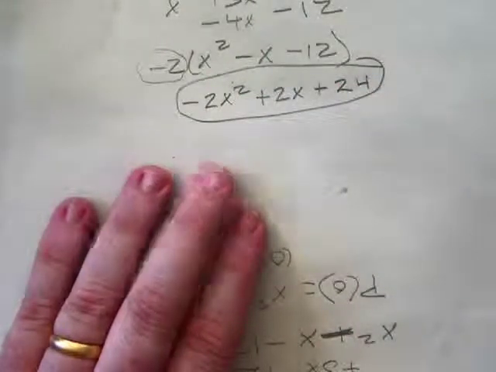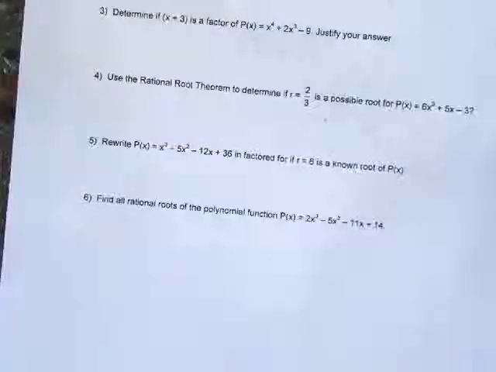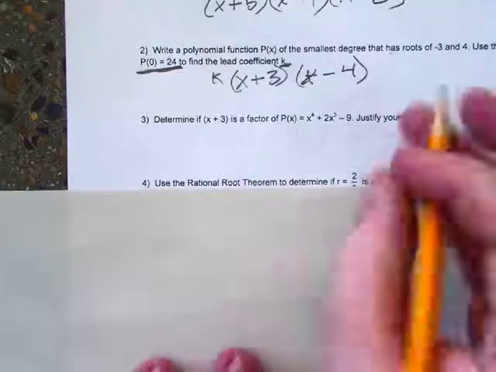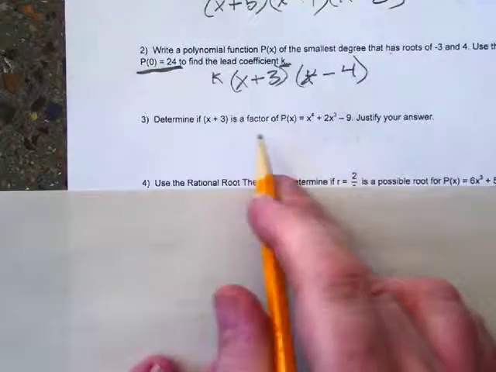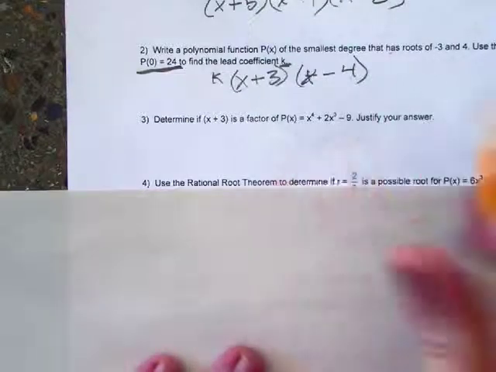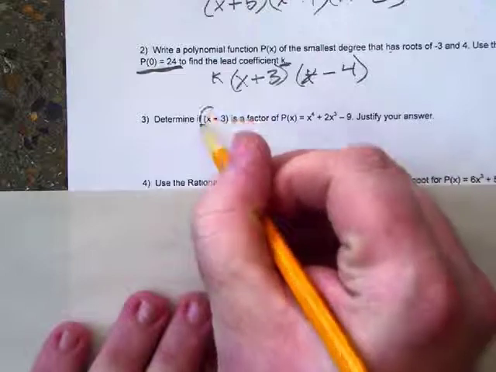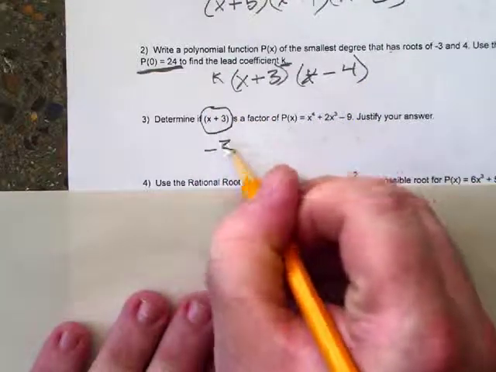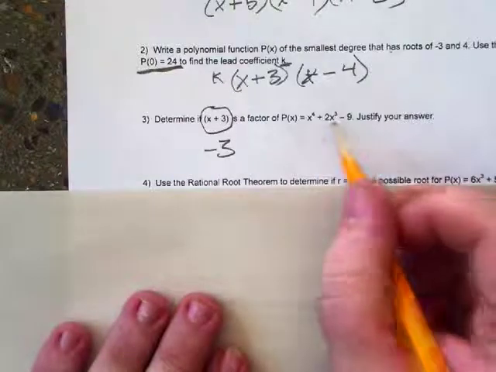And that's how you go through doing this. You just do it piece by piece, and try to find out what information is already given. If we look at number 3, determine if that is a factor of this. Well, there's lots of different ways to do it, but the fact of the matter is if this is a factor, then that means that negative 3 needs to be an answer for that.